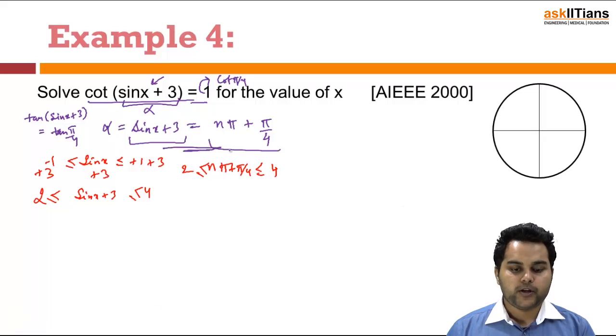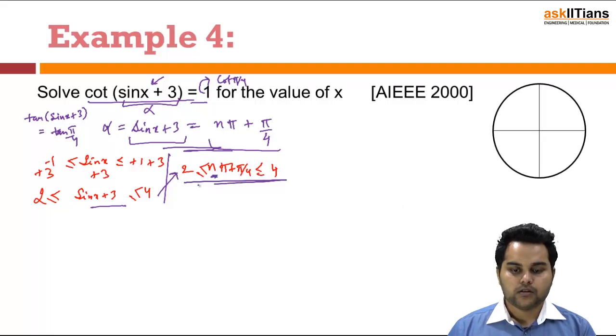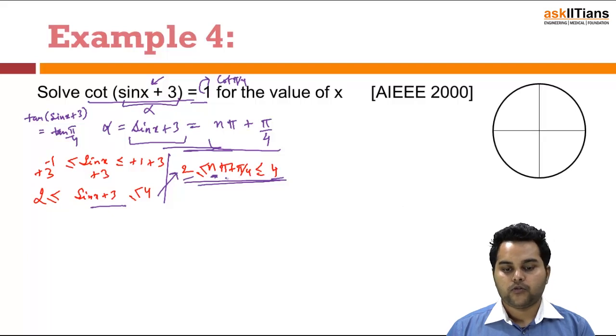So applying a limit to one would give me the limit range for the second, and hence I can deduce the value of n here. All of them are in radians. So that is 2 radians, that is 4 radians, and the value shall lie in the middle, between 2 and 4. So only for the value of n equal to 1 shall this equation be valid.